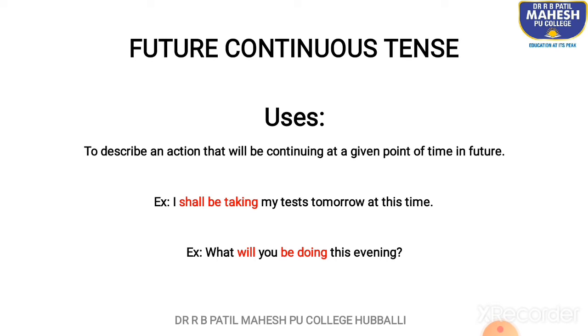For example, this question here, what will you be doing this evening? So this is a sentence which speaks about an action that we are expecting. So that's how the question has been framed.